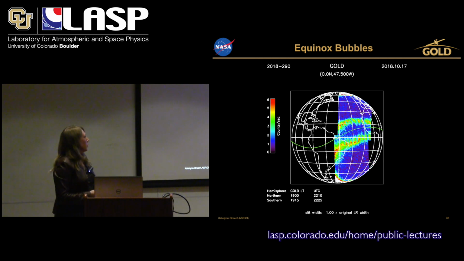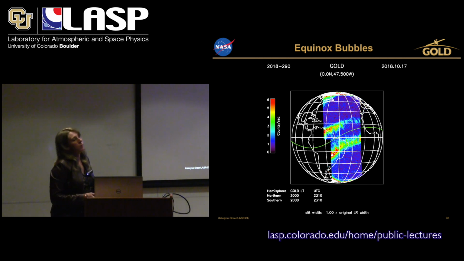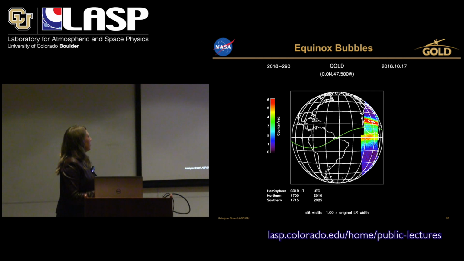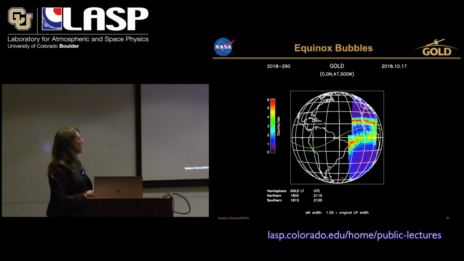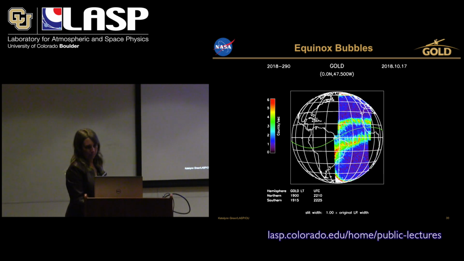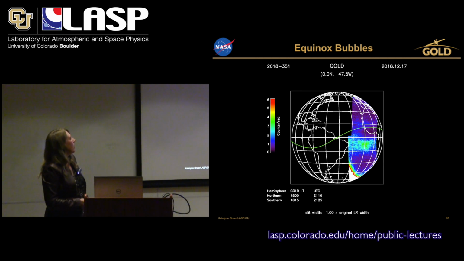But the thing is with GOLD, we've been through a solstice and 2 equinoxes. We see bubbles all the time, and sometimes not at all. So we have bubbles that form over Africa, we have bubbles that form over South America, and we have bubbles that form over the Atlantic Ocean. What definitely surprised us is that we also see bubbles during solstice.